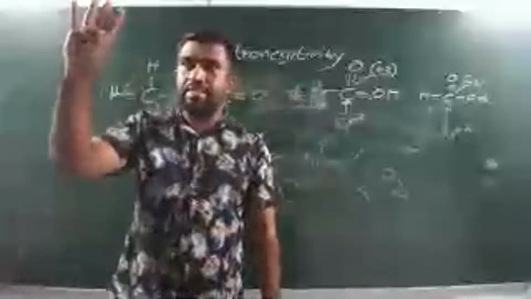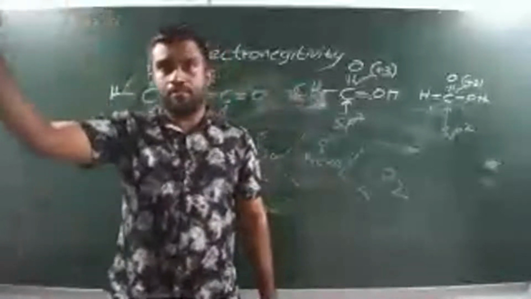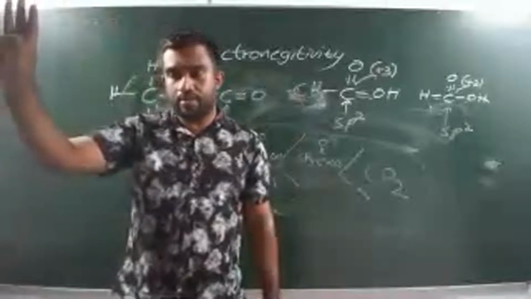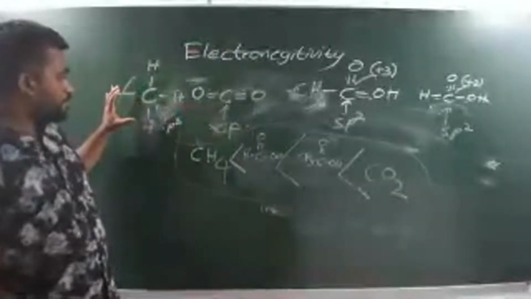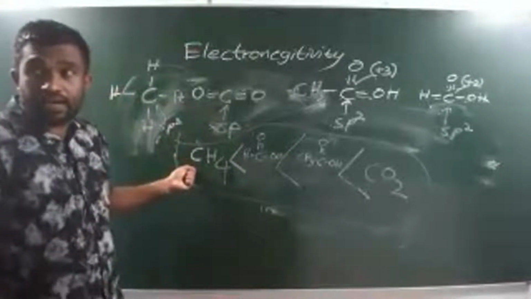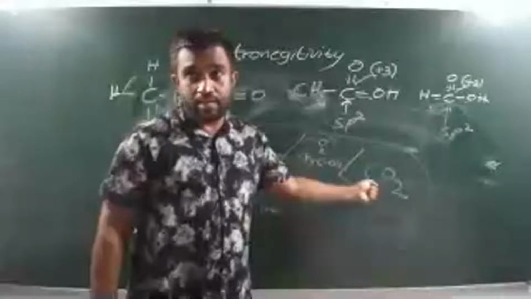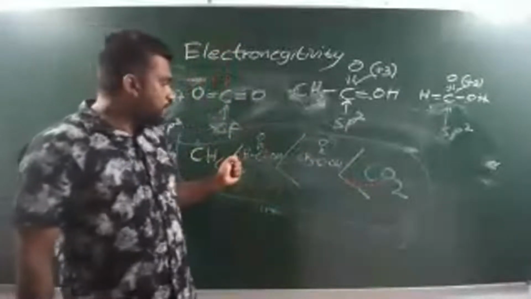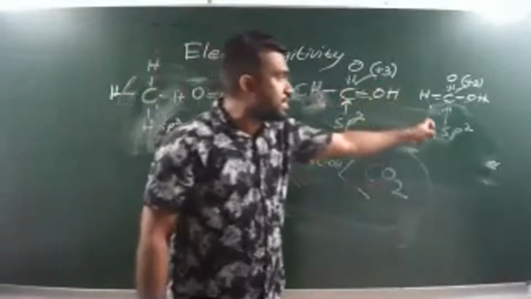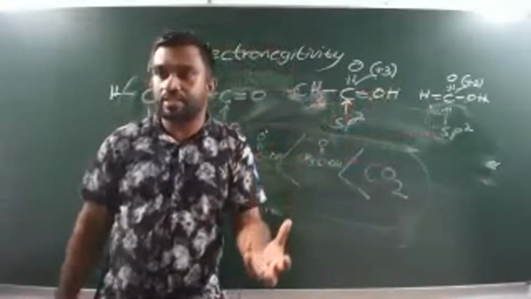First, you need to consider the hybridization. That is how we determine that CH4 has the least electronegativity and CO2 has the highest electronegativity. But we are unable to separate these two molecules looking at their hybridization.